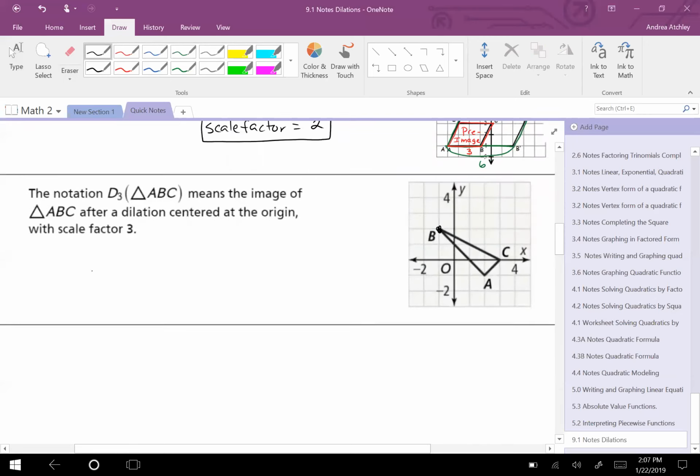So B is at -1 and then up 2. -1 for the X and 2 for the Y. C is at 1, 2, 3 for X and up 0. And then A is at 2 for X and then down 1, so -1 for Y.